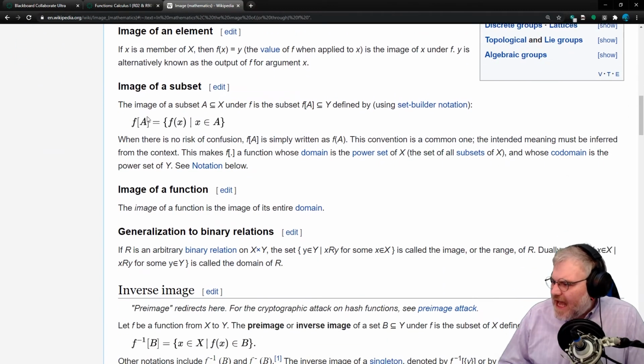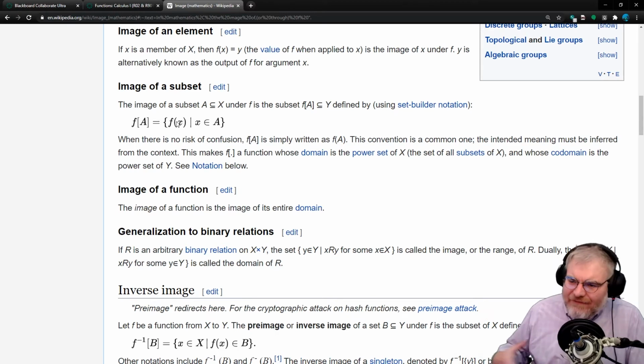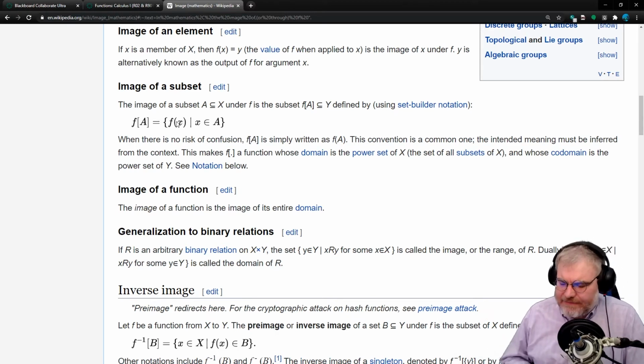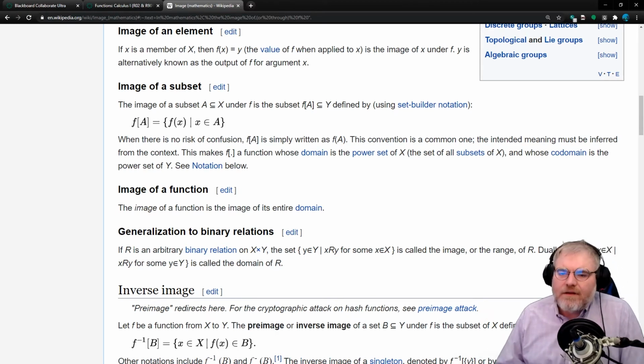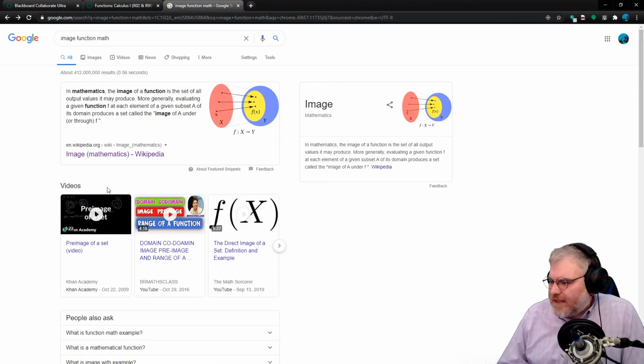except it means that if I've got a set here, that means the output I actually reach if I restrict my domain to that set. And there were videos and stuff too, pre-image of a set, image of a set.